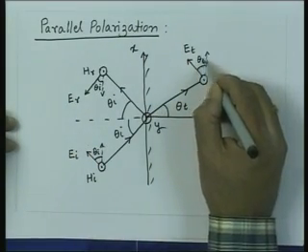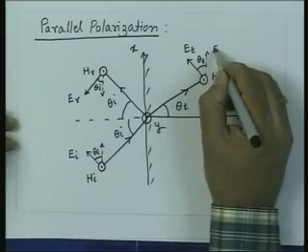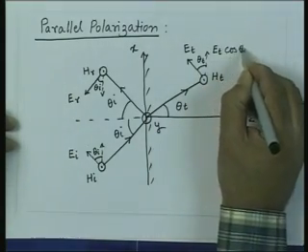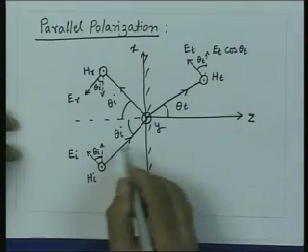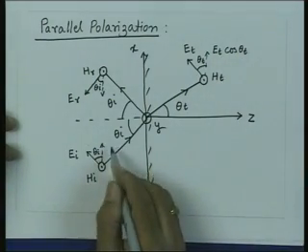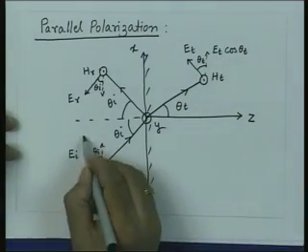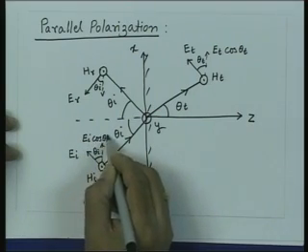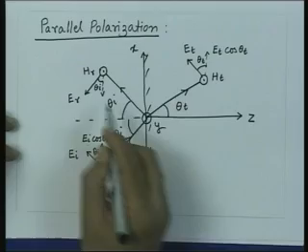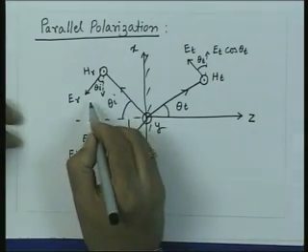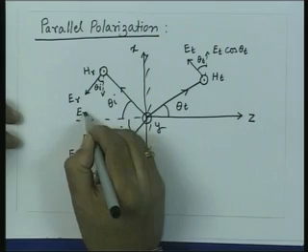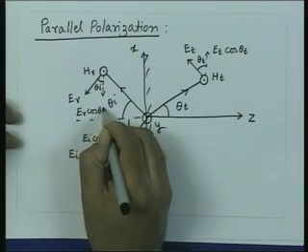So, this component is Et cos theta t. This component is Ei cos theta I, and this is Er cos theta I, this component.